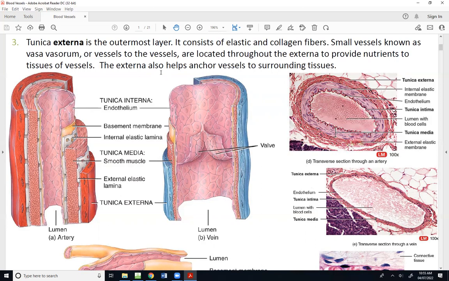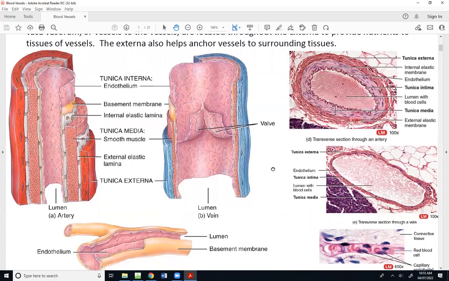And now, as I've mentioned, there are some differences between arteries and veins. I've mentioned more smooth muscle is in arteries. There's a couple other layers in arteries. And for that reason, as you can see here, arteries are much, much thicker than veins. That affects the size of the lumen of an artery versus a vein.